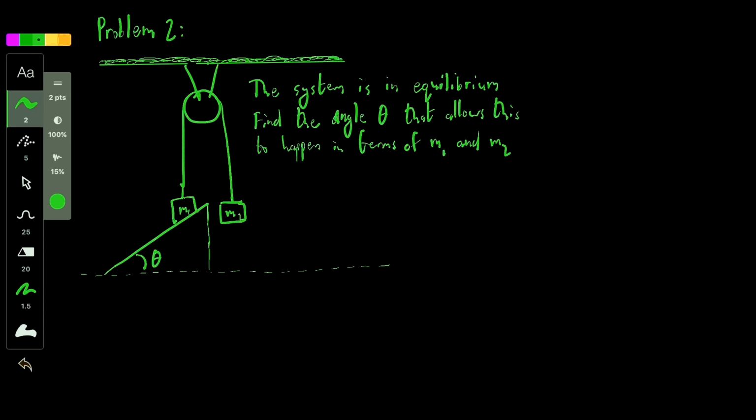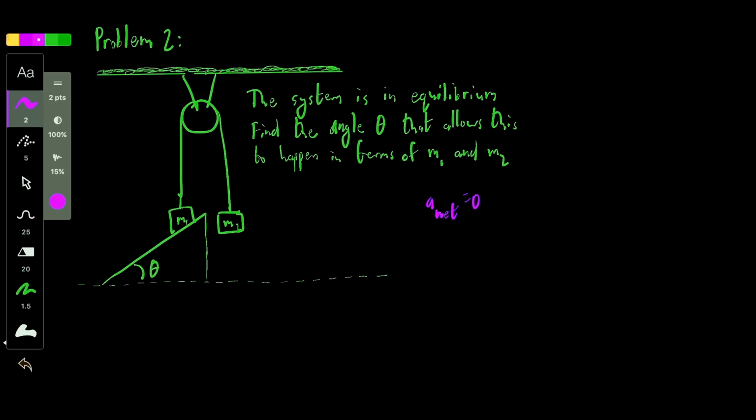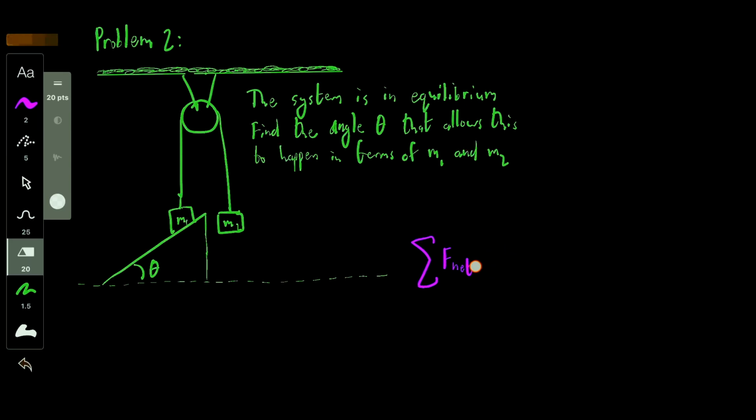So, let's get started on this problem for those of you who have not paused. Now, we know that this system is in equilibrium. That means the acceleration on both masses is equal to 0, so the net force, F net, is equal to 0. That's going to be very useful as we write our first equation.